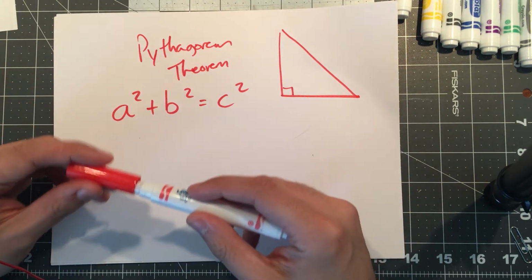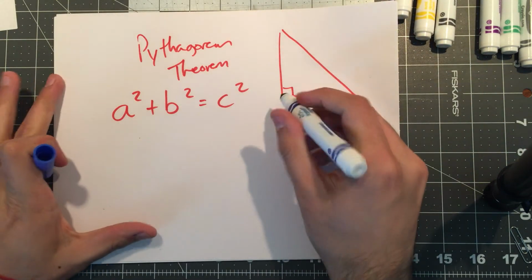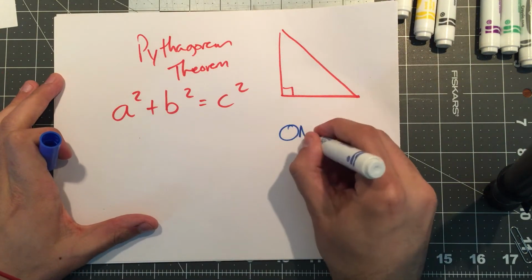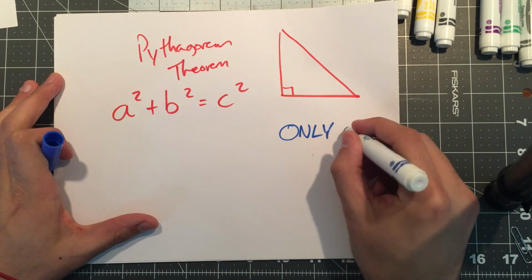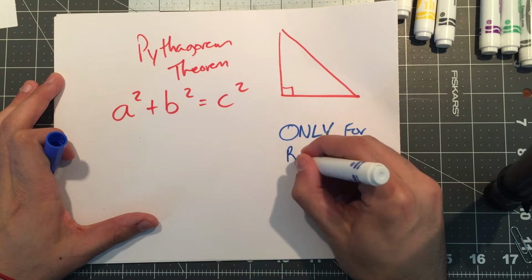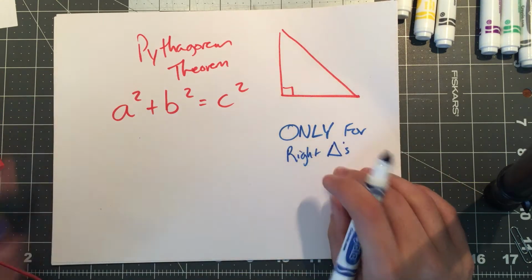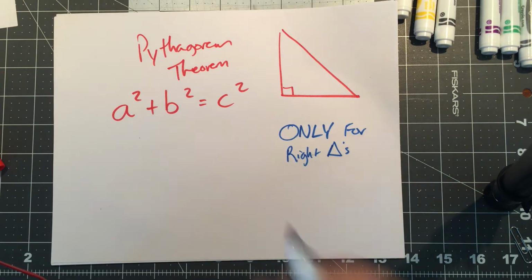Couple things about it. Number one, it is only for right triangles. So it is not something we can use for every triangle we run into.